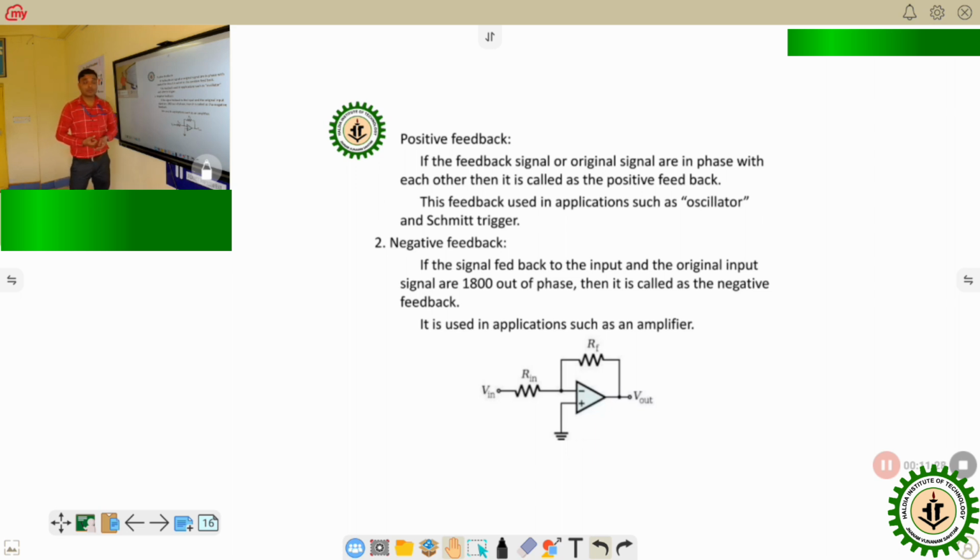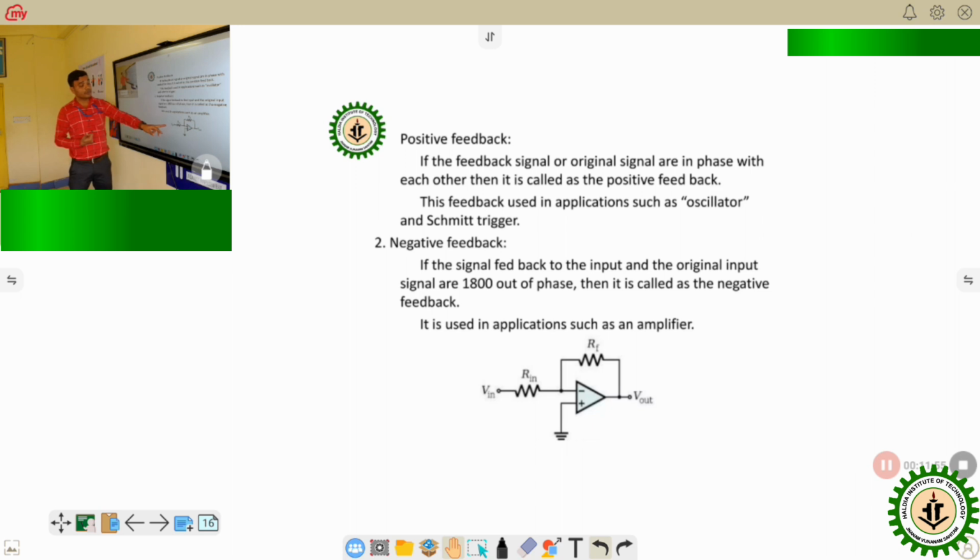This feedback is used basically in oscillators and Schmitt triggers. Negative feedback: if the signal is fed back into the inverting, or negative, terminal, this is called negative feedback. There is a 180-degree phase difference between input and output.